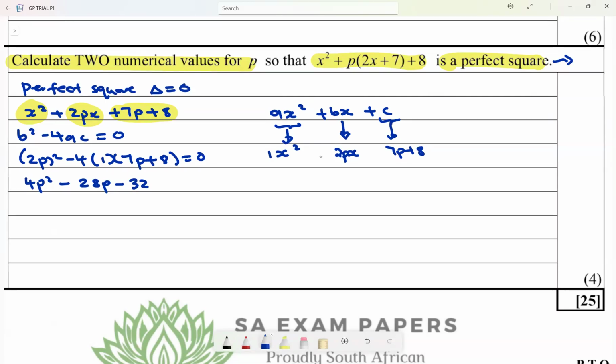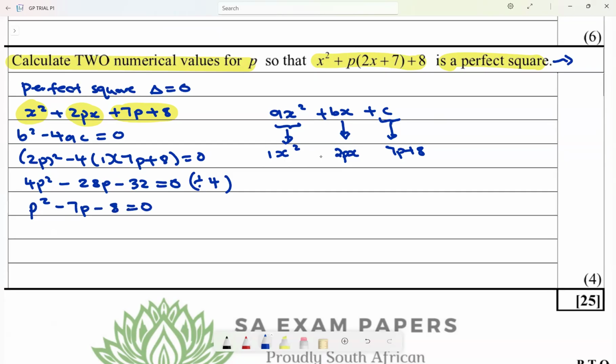And this needs to be equal to 0. Actually, I can simplify this by dividing everything by 4, and I'm going to have p squared minus 7p minus 8.